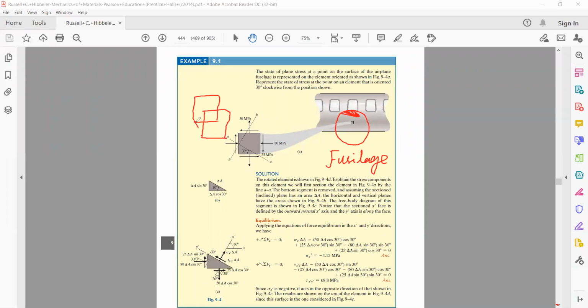I hope we can simulate or do some experiments on the plane stress condition in the lab. So you will have a component of stress along the x-axis. Why? Because the entire fuselage is filled with high pressure air. As I was telling you last time, when the aircraft is flying at, say, 32,000 feet, the outer atmospheric pressure is very small, but humans have to survive.